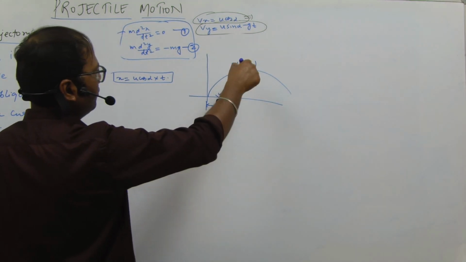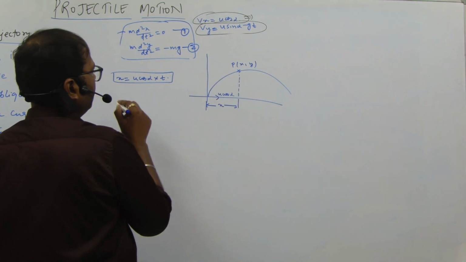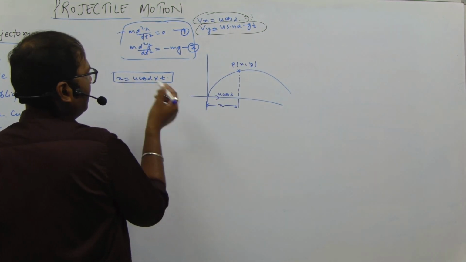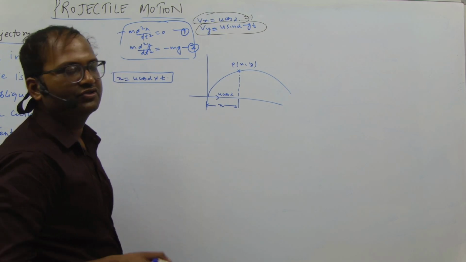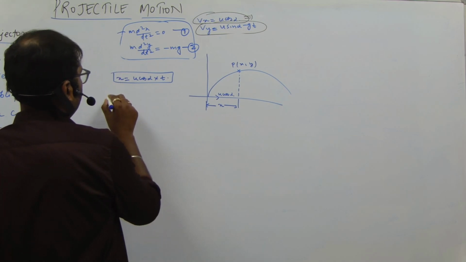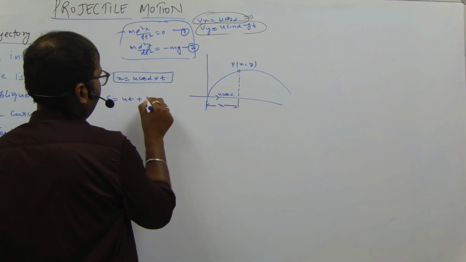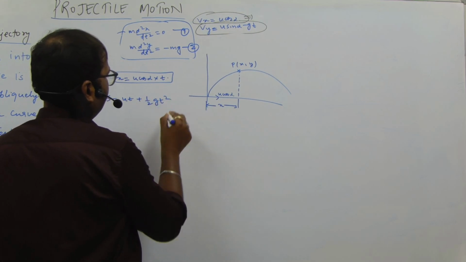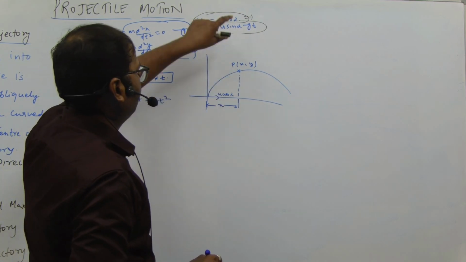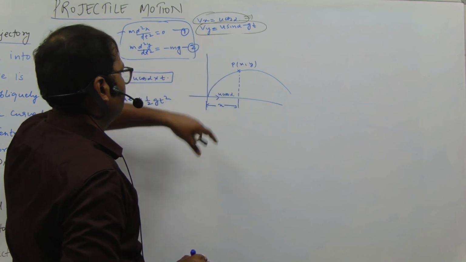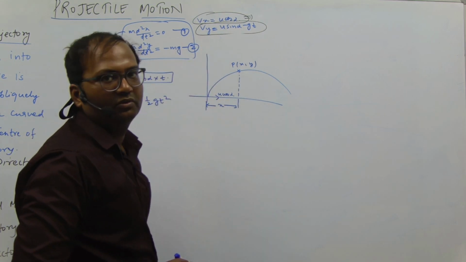Now let us find y. How can we find y? From the equation of motion we have s is equal to ut plus half at square. We are analyzing in the y direction.